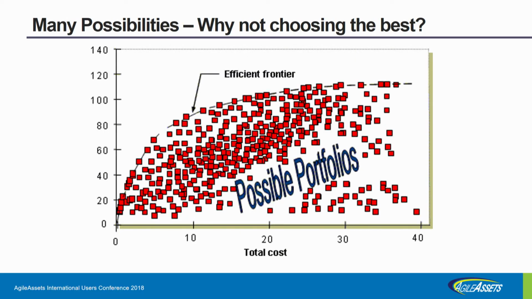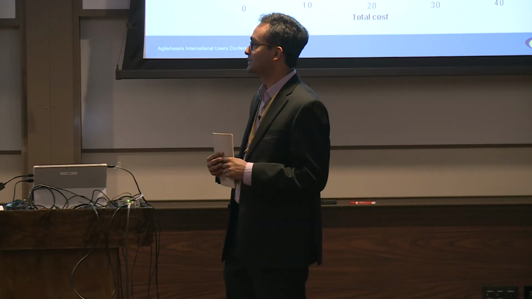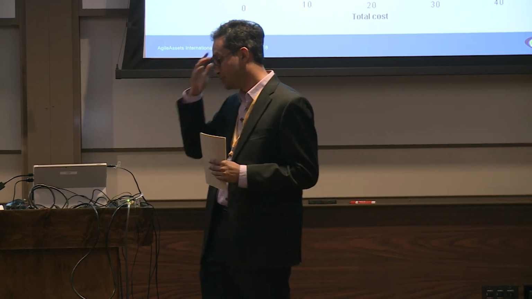So we have infinite possibilities, right? We have this efficient frontier, and the way the big picture shows, these are the combinations of possible portfolios. So you have to decide what your budget is, pick a point, and then see what the combination of projects is and how far you can improve.